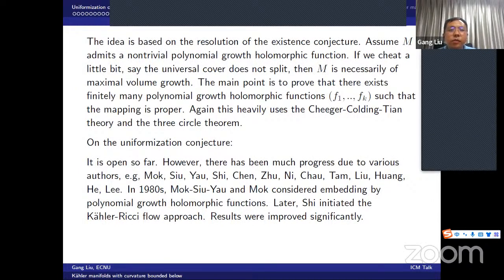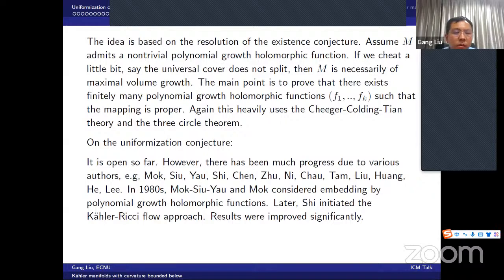If we cheat a little bit, say the universal cover does not split, then we can prove that it has maximal volume growth. So now the key point is to prove that there exist finitely many polynomial growth holomorphic functions such that the map is proper. Again, this heavily uses the three-circle theorem.